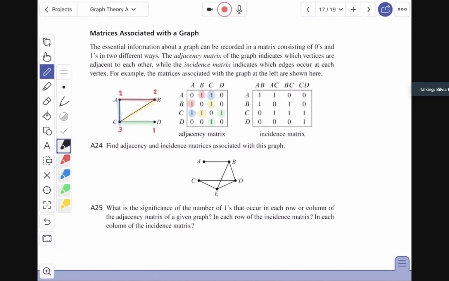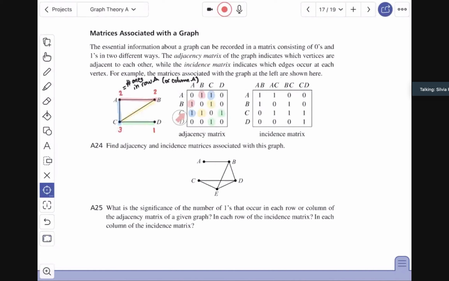So here, the number of ones in row A or column A, right? And so you can see C, for example, I can look at row C, and it's the number of ones there. Or you can think of it as the sum of the entries.